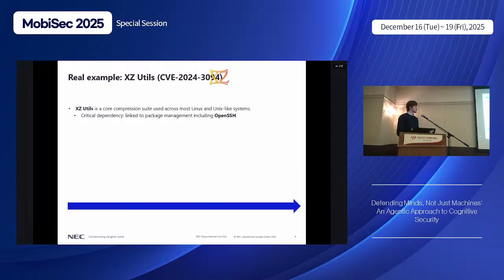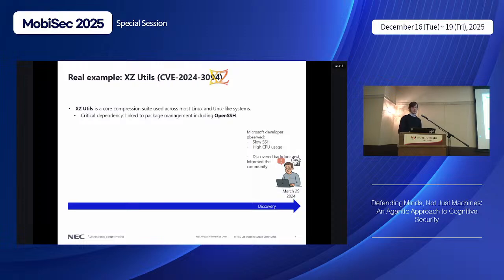So what happened is first a Microsoft developer discovered that, while using the latest version of xz utils, he was getting very slow SSH connections and high CPU usage.